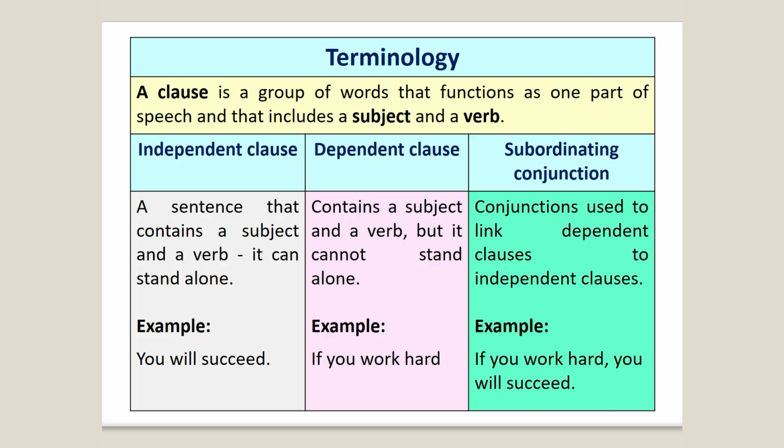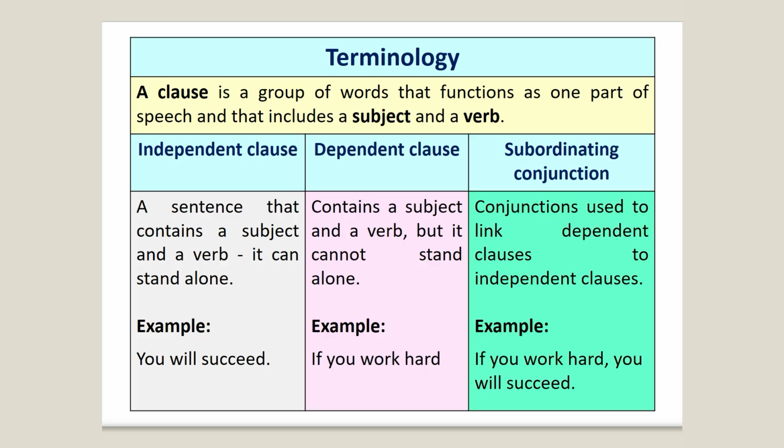Now we are coming to the dependent clause. It contains a subject and a verb, but it cannot stand alone. That's why it is a dependent clause. For example, if you work hard, means when you work hard, you will succeed. That is the dependent clause. Now we are coming to the subordinating conjunction. It is the conjunction used to link a dependent clause to an independent clause.